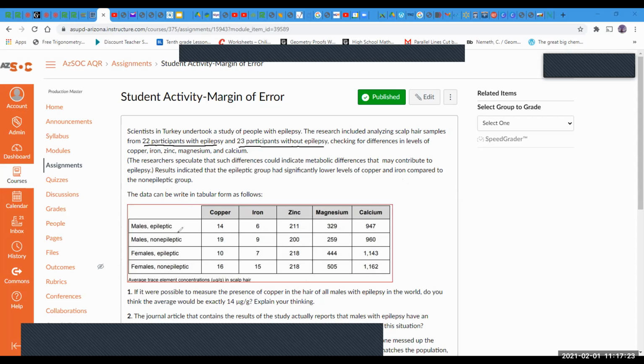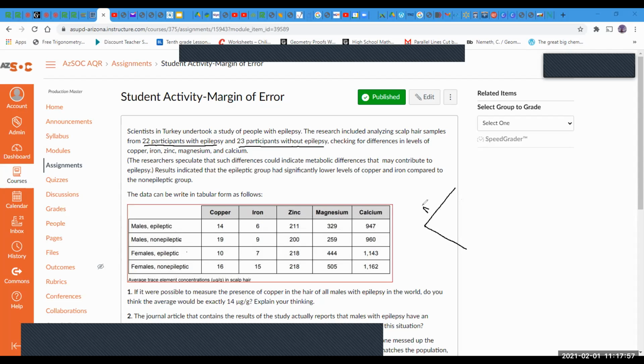Males with epilepsy, males non-epileptic, females epileptic, females non-epileptic. Okay, so we have 4 items. Even though this is for male and female, we can again divide male into 2, epileptic and non-epileptic. Female also into 2, epileptic and non-epileptic. So if we draw a tree diagram, we can draw like this.